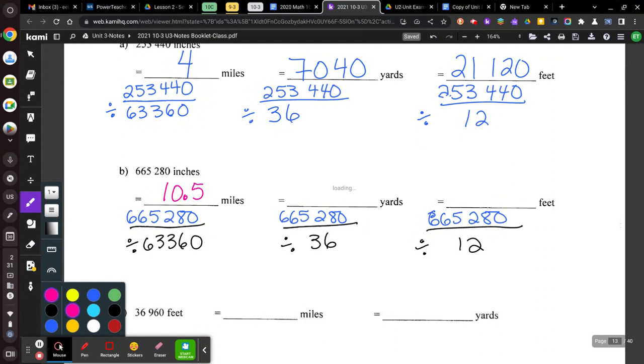You're going to get a lot, 5 digits. 18,480, you bet. Okay, the next one, divide by 12. We're dividing by smaller numbers each time, so our answers are getting bigger, and that's okay. So this time we should get 55,440.